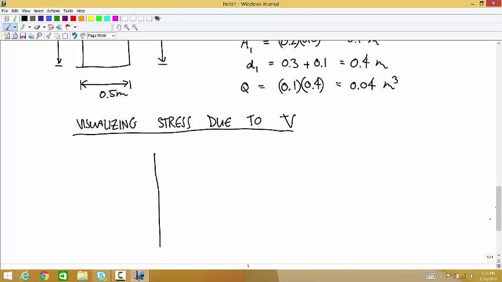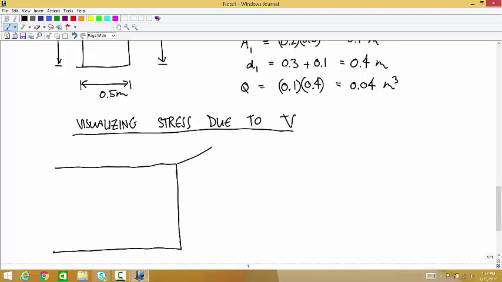All right, so let's say this is the end of the beam. No, don't do it like that. Do it like this. Sorry about that, for everyone ruining their notebooks right now. Okay, this will be better.